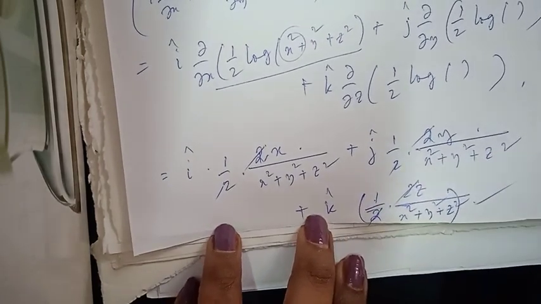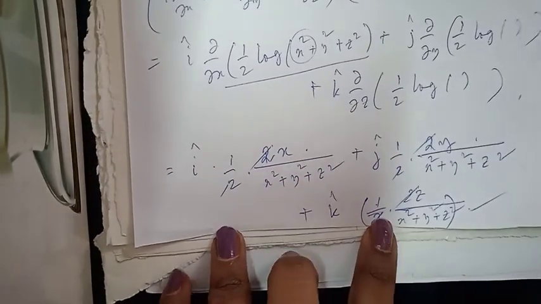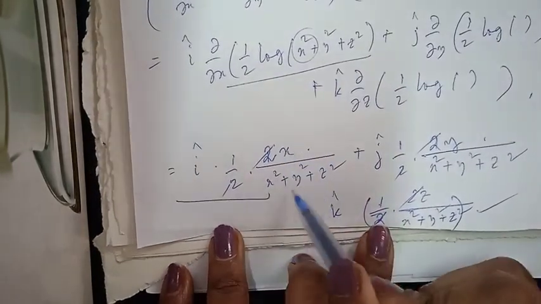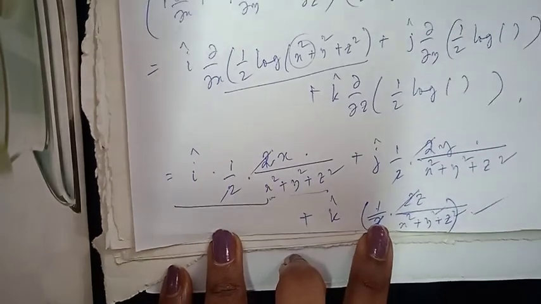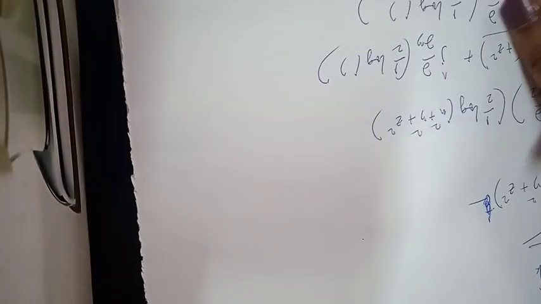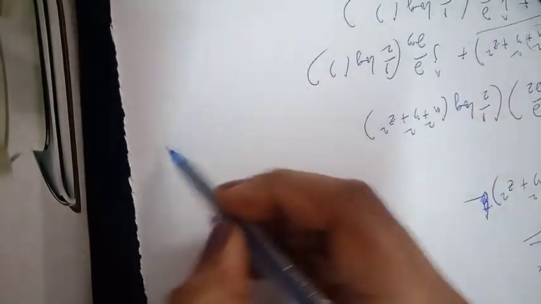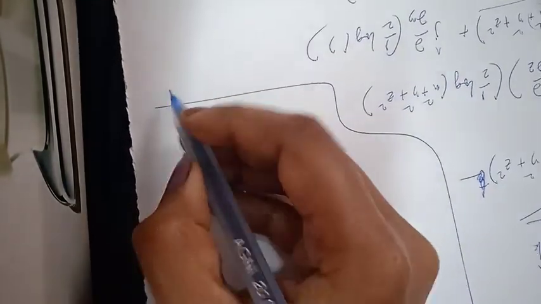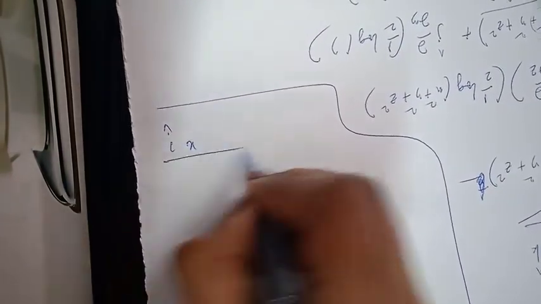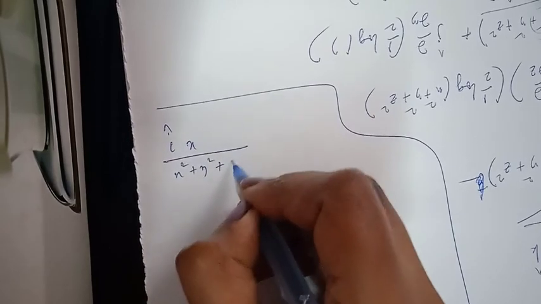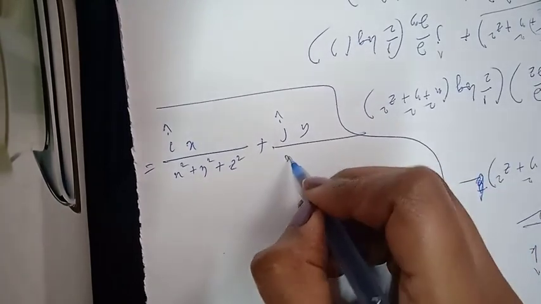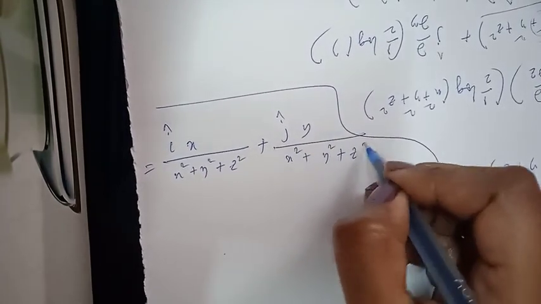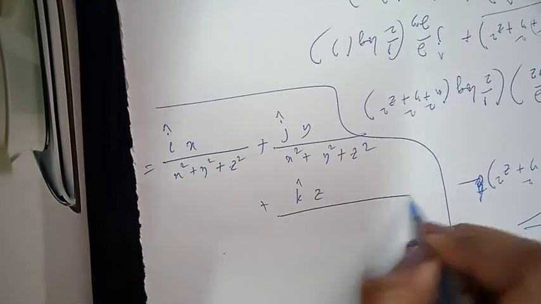Now if you simplify it, what will you get? From the first part we are getting x by x square plus y square plus z square into i cap. Similarly from this thing. So let's write it. i cap x by x square plus y square plus z square, j cap y by the same thing, x square plus y square plus z square, and k cap z by the same thing.